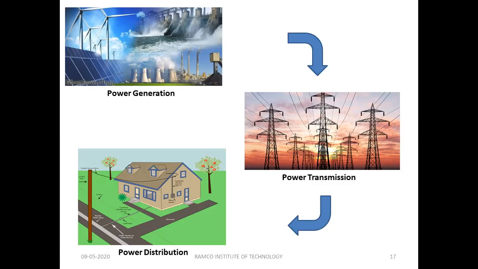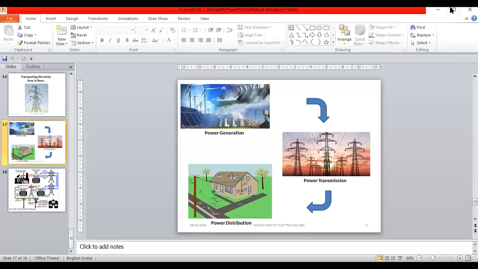You can see so many websites are there. If you want to know where the power is generated, from where we are getting power, everything is available. If you want, I will browse it now. What is the installed capacity of our Tamil Nadu? We can see.